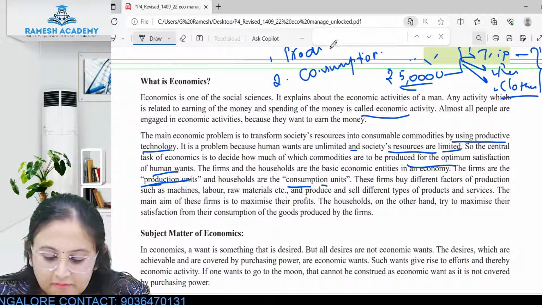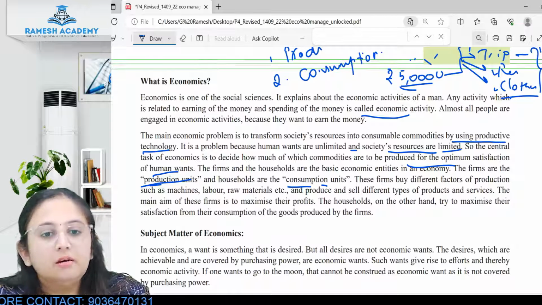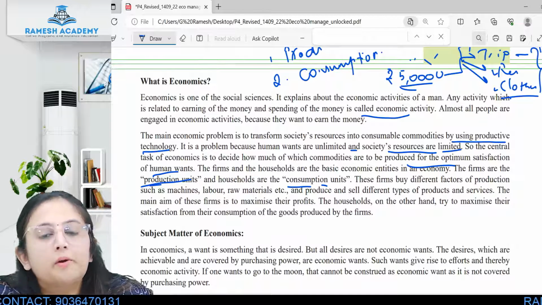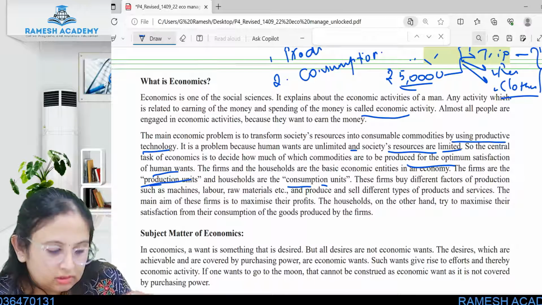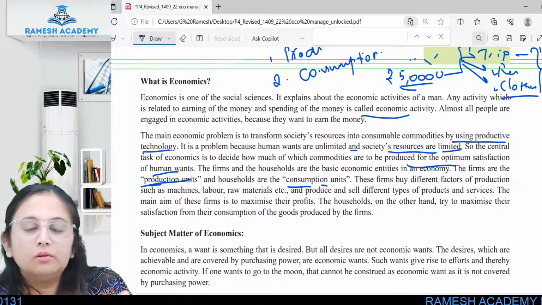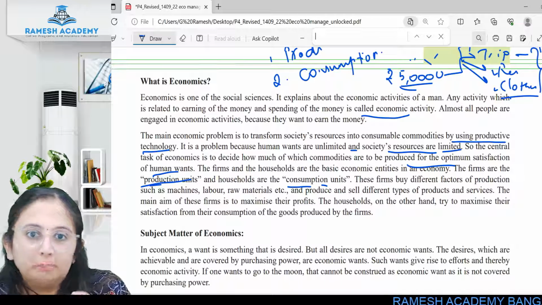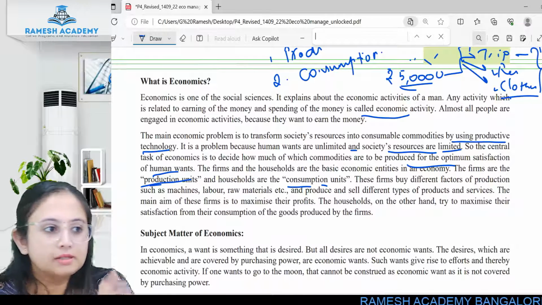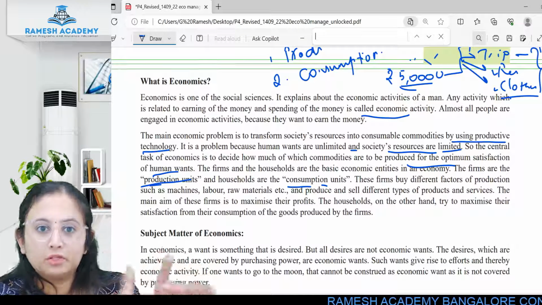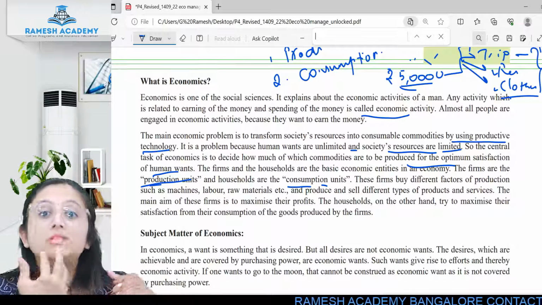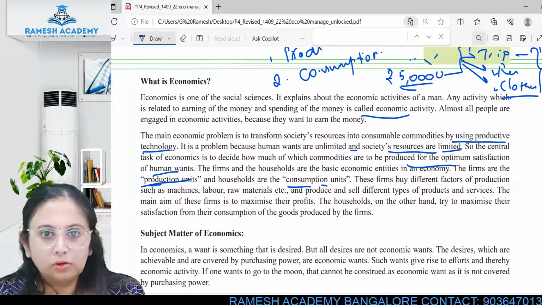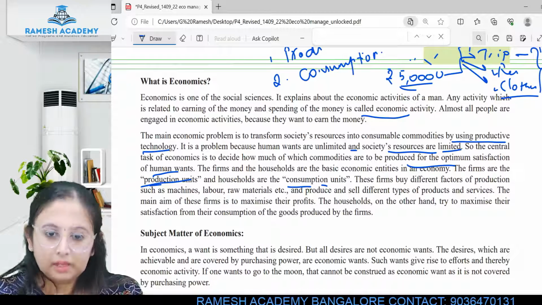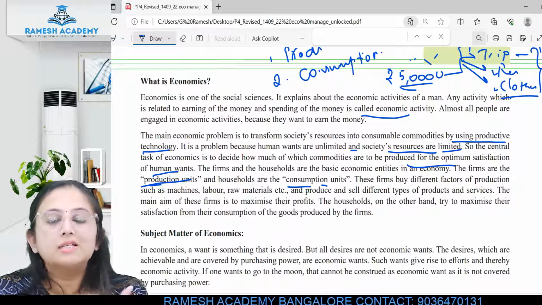Production units are the firms, that is, the sellers who are ready to give the products to the buyers. That part of the society is the production unit, those who are ready to satisfy our wants. So we go and buy and consume those products. So we are the households, we are called consumption units.